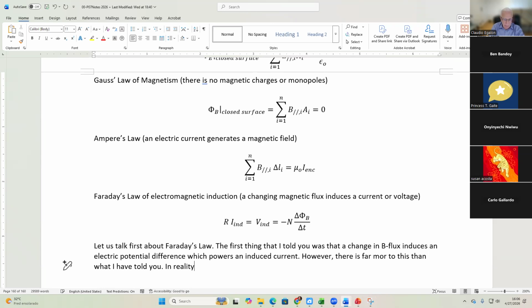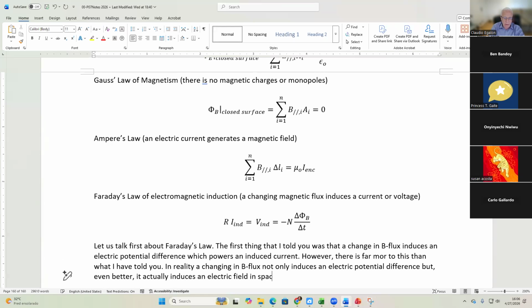In reality, a changing B flux not only induces an electric potential difference, but even better, it actually induces an electric field in space. Remember, the electric field is related to the electric potential.